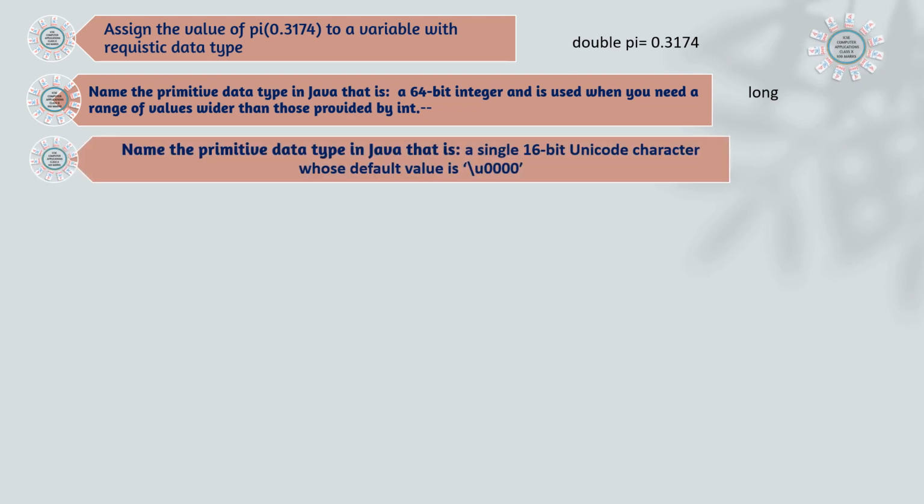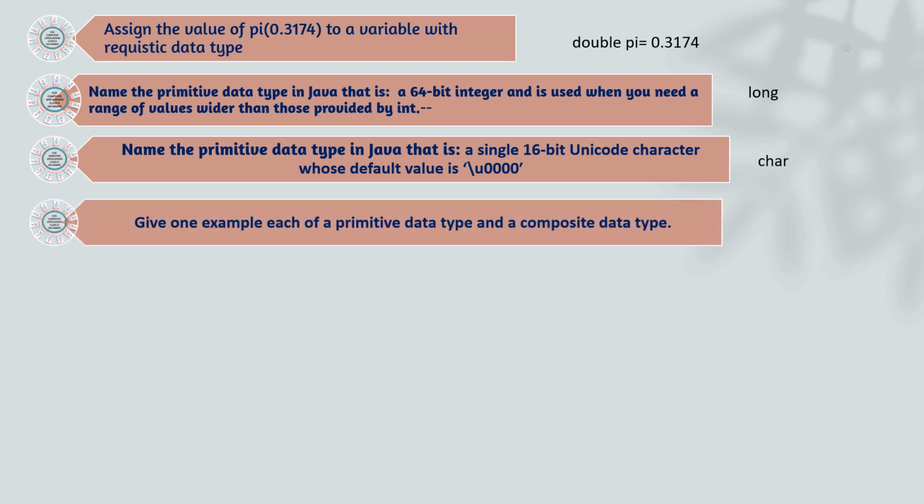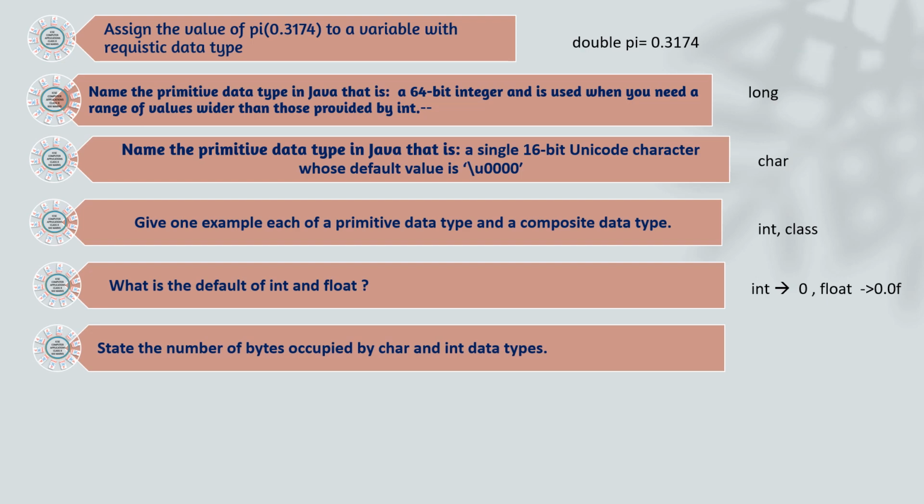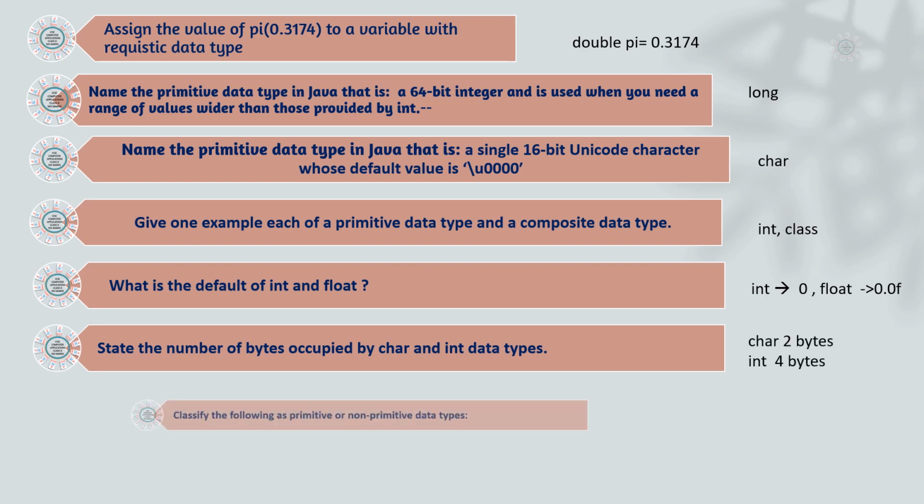And primitive data type of 16-bit code, that means 2 bytes, 16 bits. So \u0040, you know it is a character, so the answer is char. And give one example of primitive and composite: int is a primitive data type, and class and arrays are reference types. Default value of int and float. Normally these questions are asked, so study the default values, study the memory size, and bytes occupied by char and int.